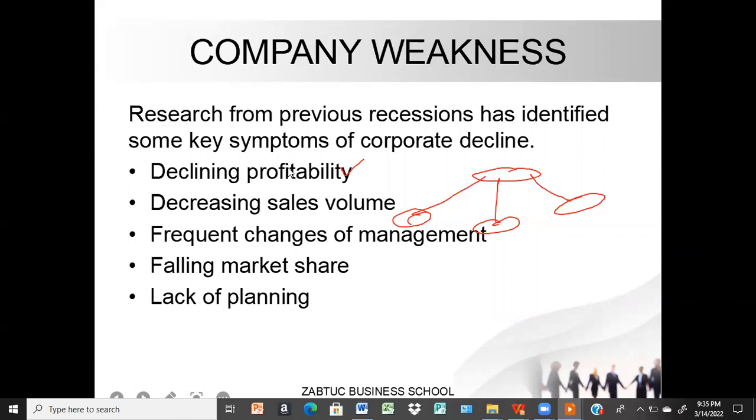Profitability is going down. Sales volumes are going down. Frequent changes of management, falling market share, lack of planning. These are company weaknesses actually that are associated with company failure. So when you look at companies that have failed in the past, these are some of the features exhibited by such companies.